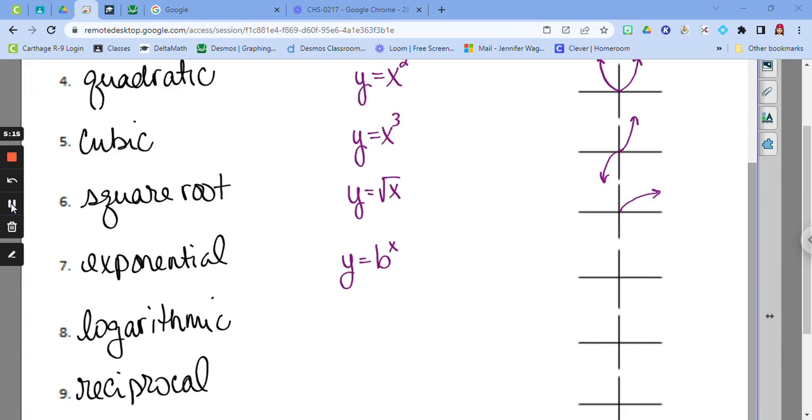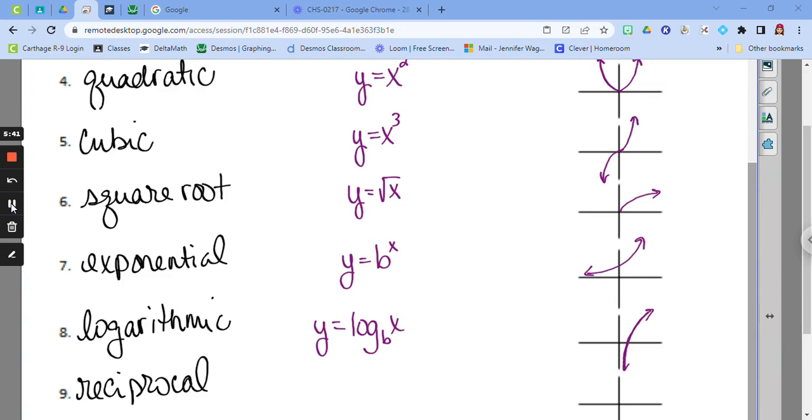So your base will change on your exponential equations. Logarithms will be the same way. Okay? So exponential equations approach the x-axis at 0. Logarithmic equations approach the y-axis at 0.